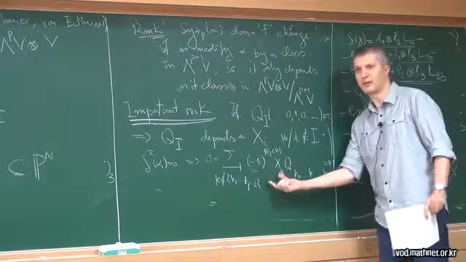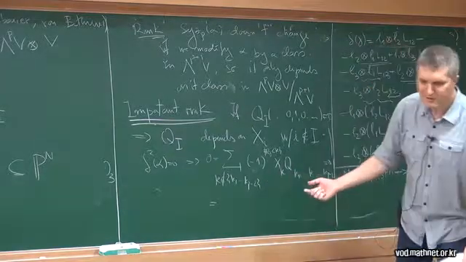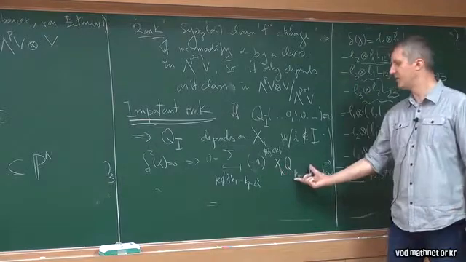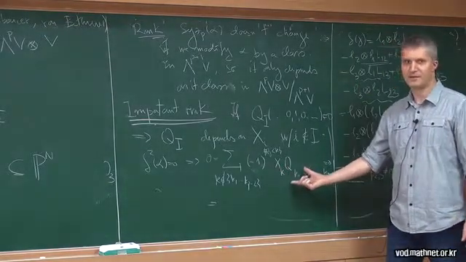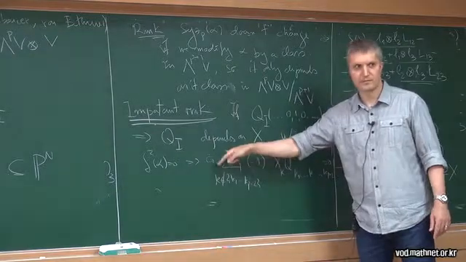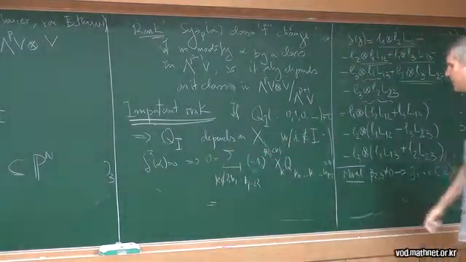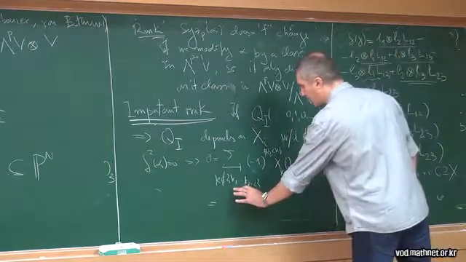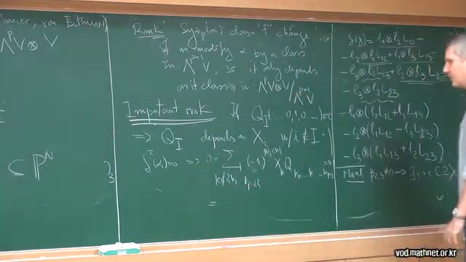It looks horrible, but this is what it is. So the differential applied to that element is just this thing with some factors behind. So that's what corresponds to the multi-index k1 to kp minus 2.